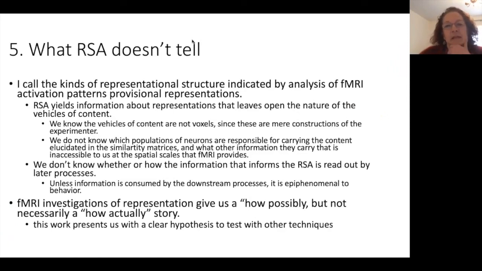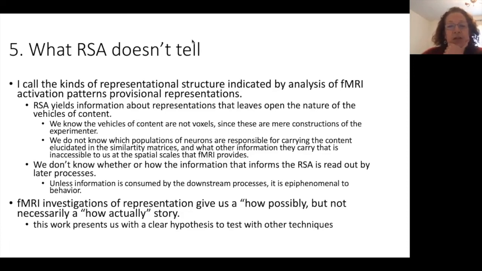Okay, so that's what's good about RSA. What is missing? One thing that's missing, of course, is indication that these kinds of representations are being consumed, that the content that we are attributing is actually content that plays a role in further processing. It, first of all, yields information about representation that doesn't tell us anything about the true nature of the vehicles of content, right?